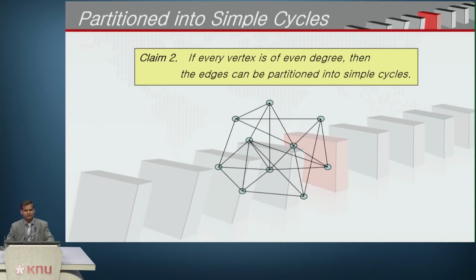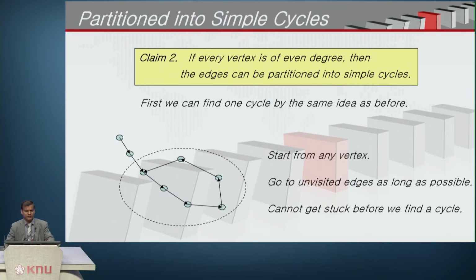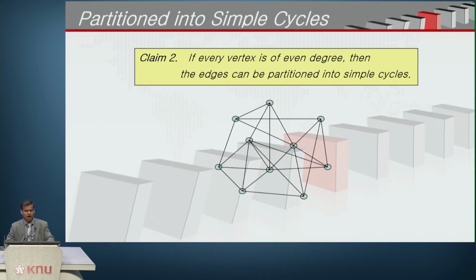That is the representation of a cycle. Now we have to determine how we can in fact partition the graph into different simple cycles. If every vertex is of even degree, then the edges can be partitioned into simple cycles.